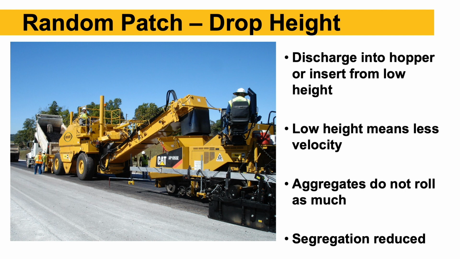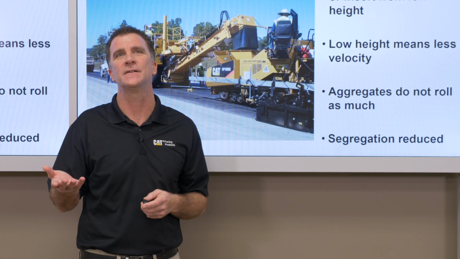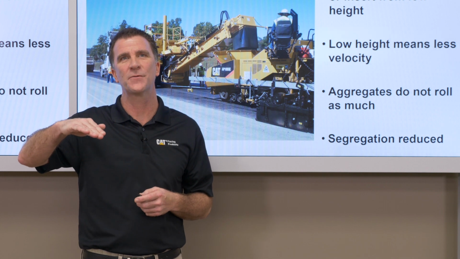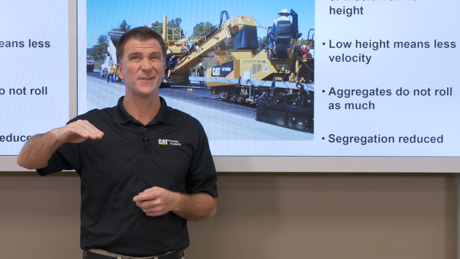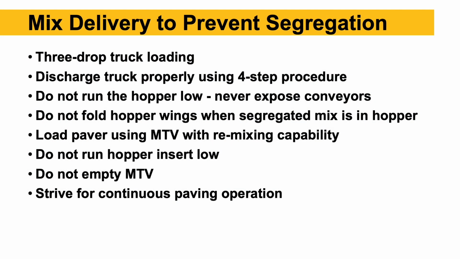The farther it drops, the faster it goes, and the more tendency it will have to segregate to the edges, even in the hopper insert, and then through the paver and onto our mat. So the key things with the MTV: keep the surge bin in the MTV at least 1/3 to 1/2 full, keep the hopper insert at least 1/3 to 1/2 full, and minimize the drop height from the conveyor into the hopper insert.